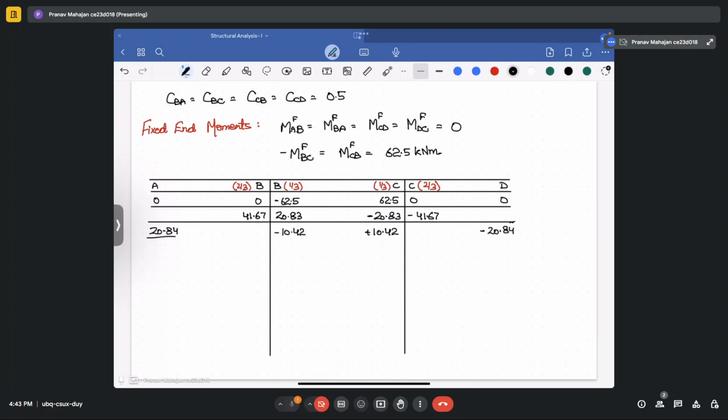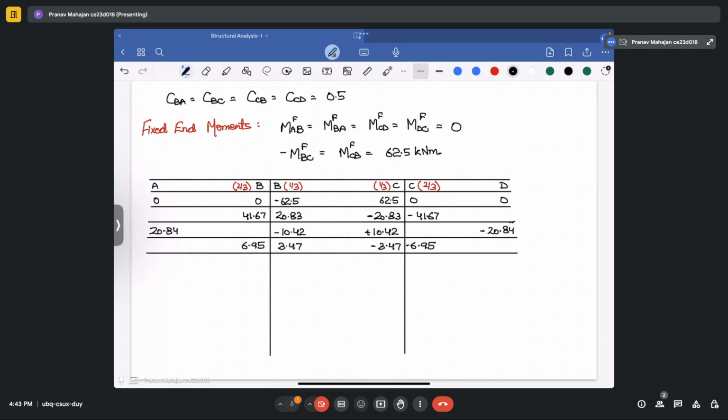Okay. Now again you will distribute this unbalanced moment. So 10.42 is distributed as 6.95 and 3.47. Same here as negative 3.47 and minus 6.95. And the carryover moments will be half of these moments.